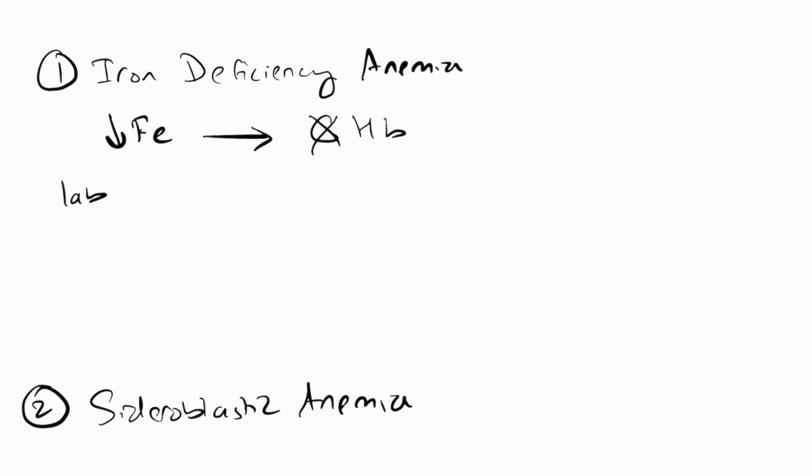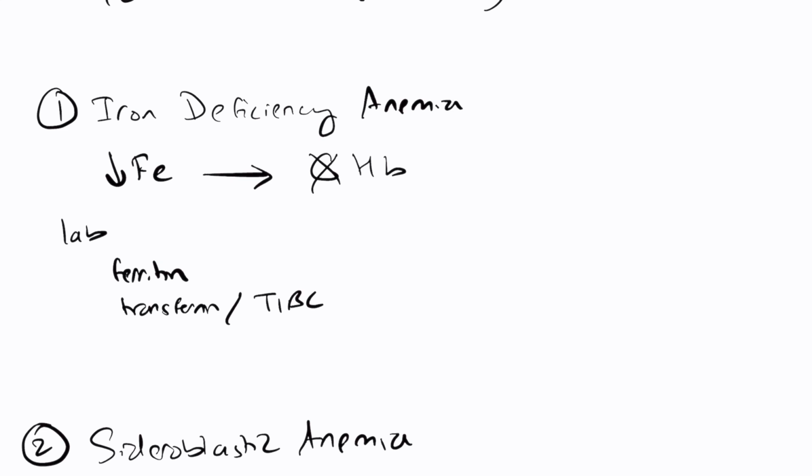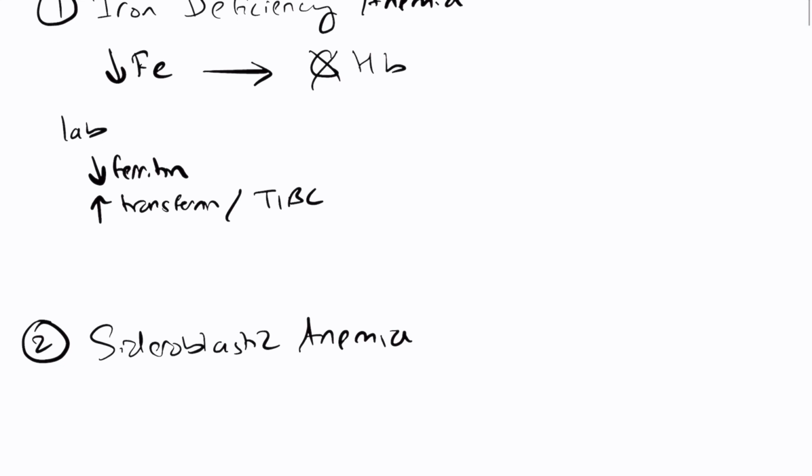So the first thing obviously is going to be your MCV, but from there, always check your lab values for ferritin, transferrin, and TIBC. Well, TIBC is basically transferrin, so they're kind of interchangeable. In your iron studies, you'll have a low iron and then a low ferritin and an increased TIBC.